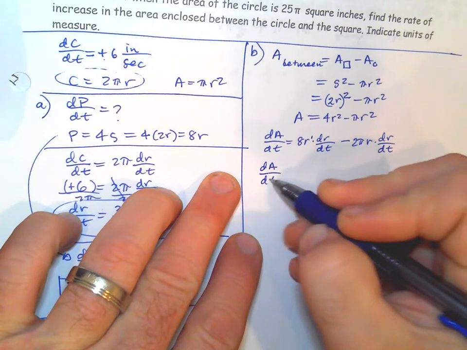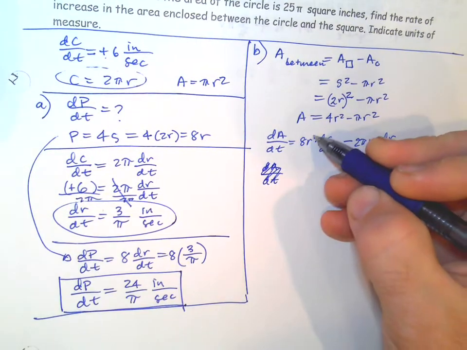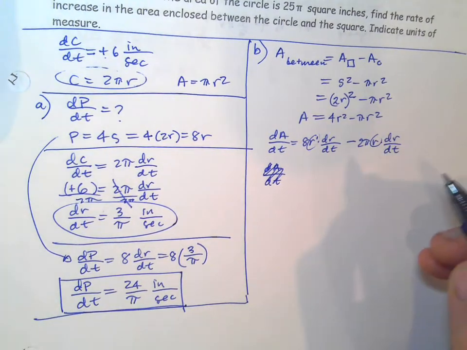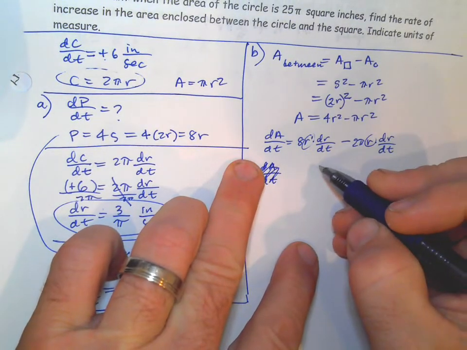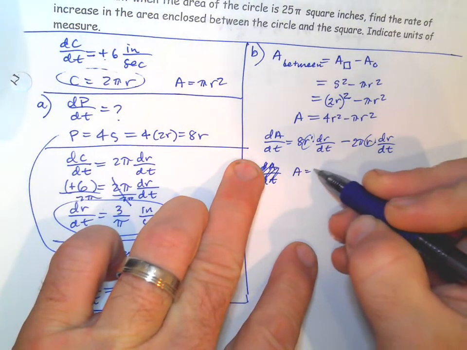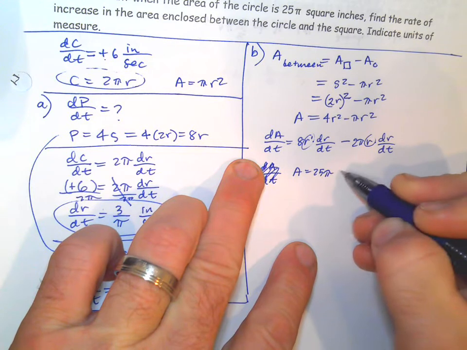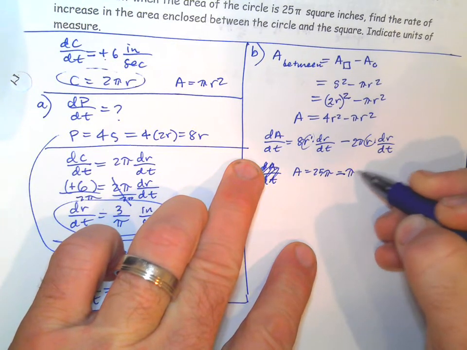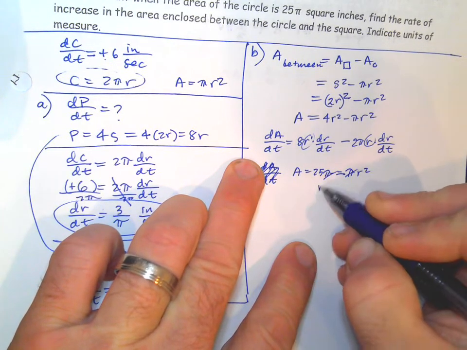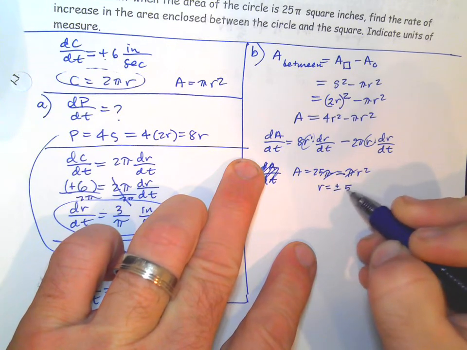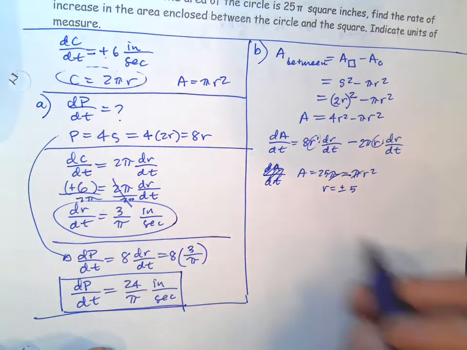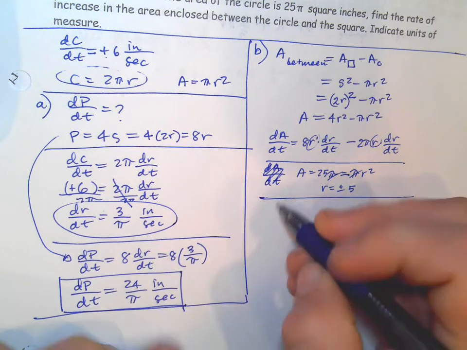And we need one more thing. We got to figure out what r is this time. They said at the instant when the area of the circle is 25 pi. And the area of the circle is pi r squared. So r equals 5. That's what we need.